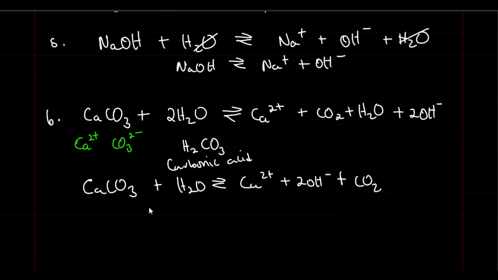If you check this to balance, we have two hydrogens on the left and two hydrogens on the right, four oxygens on the right and four oxygens on the left, one carbon, one carbonate, one calcium, one calcium. So it is balanced.